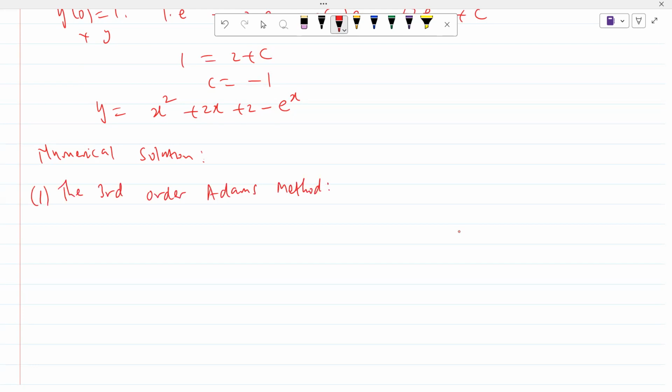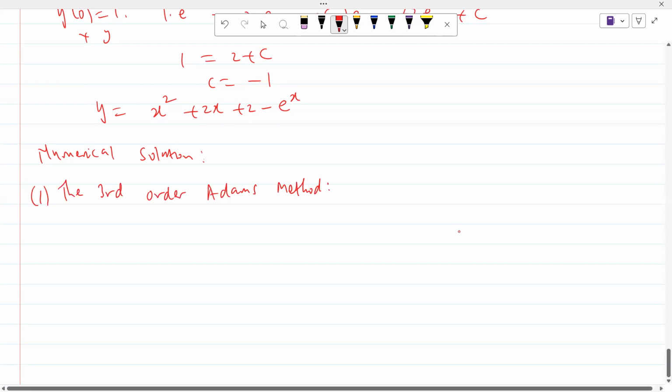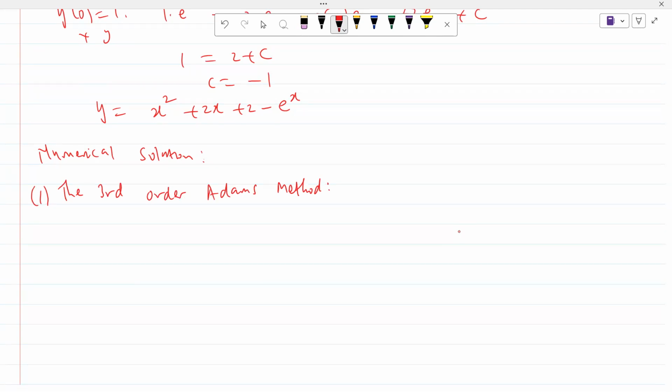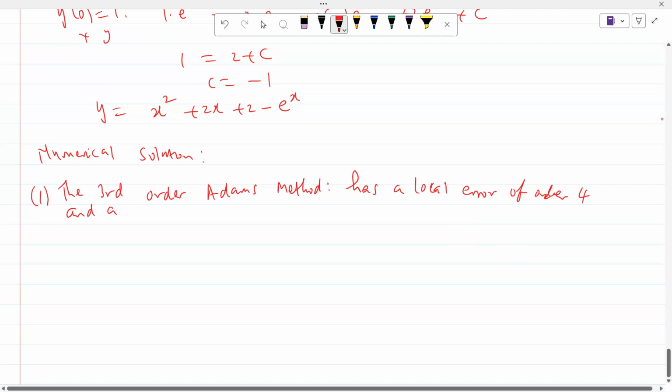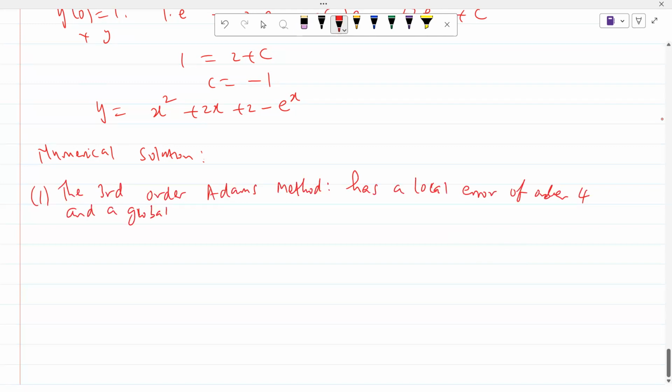The third order Adams method has a local error of order 4 and a global error of order 3.